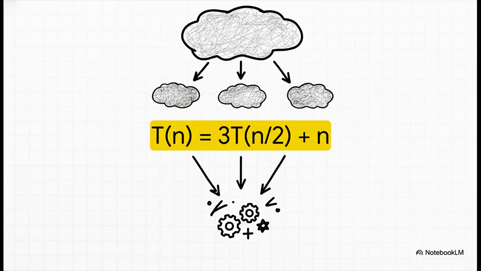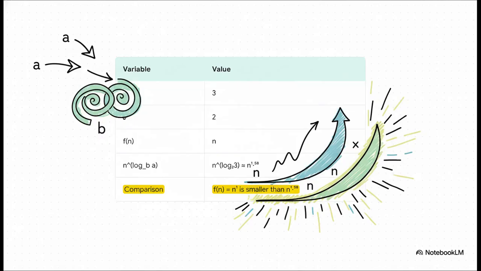Okay, last one. For this final example, let's look at a case where the tug-of-war isn't a tie. In this algorithm, we're making 3 recursive calls on a problem half the size, and then doing some linear work to stitch the results together. So A is 3, B is 2. Our critical value is n to the power of log base 2 of 3. Now, you can punch that into a calculator, and it's about 1.58.